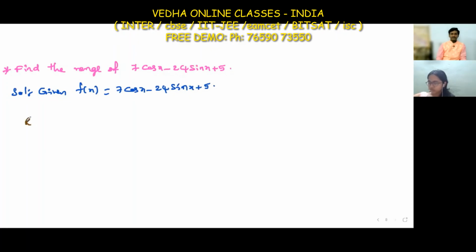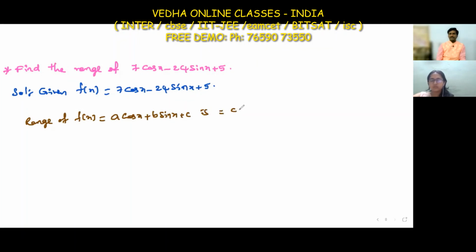The range of the function f of x equals a cos x plus b sin x plus c is c minus under root of a square plus b square comma c plus root of a square plus b square. We write in the closed brackets. The first one is the minimum value, the second one is the maximum value.